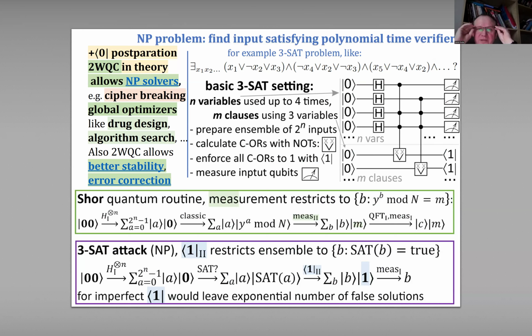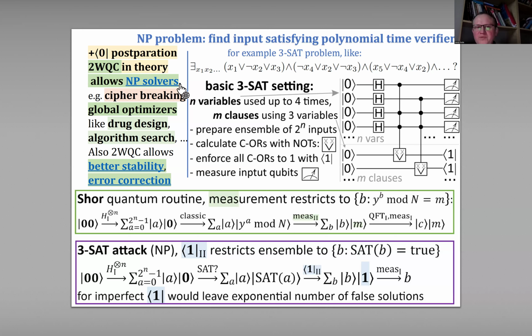In an NP problem, we find an input which satisfies some verifier which costs polynomial time. For example, 3-SAT is one of these basic problems, and they are equivalent. So if we have a solution for one of them in polynomial time, we could solve any other. So here is this 3-SAT problem. We have some alternatives of triples, some of the variables can be negated, and the question is: are there values for which all of these triples are true?